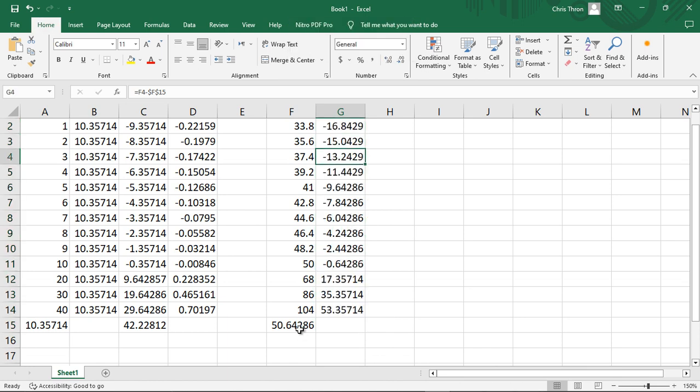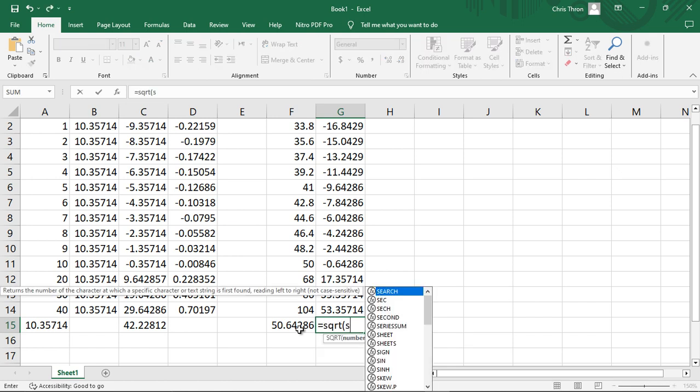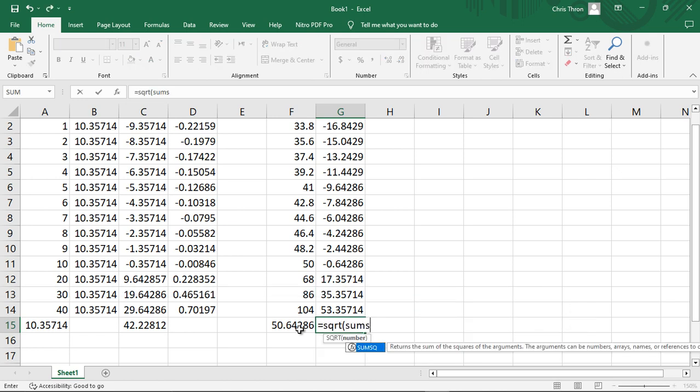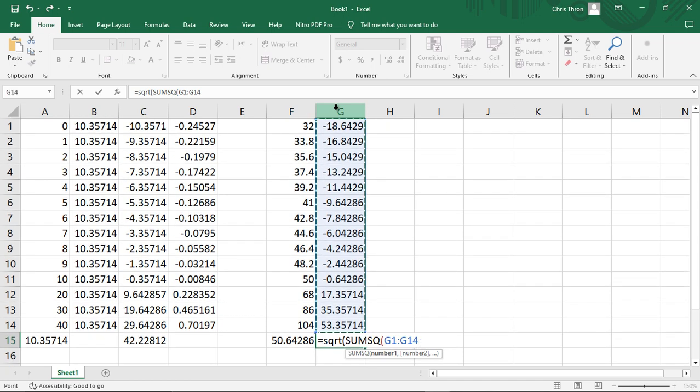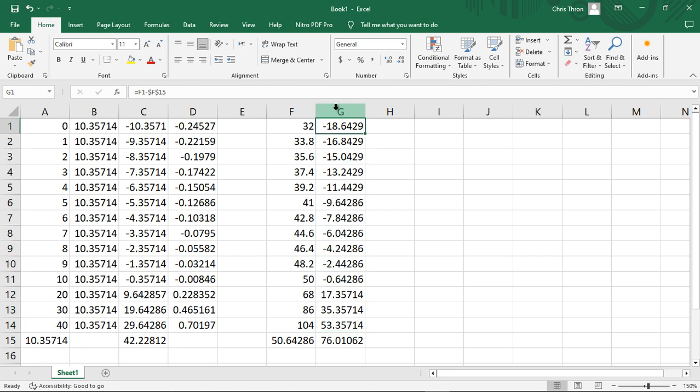And then I want to take the square root of the sum of squares, so it's equal to the square root of the sum of squares of these values here. And close it. And then we will go ahead and divide this value by this square root of sum of squares.